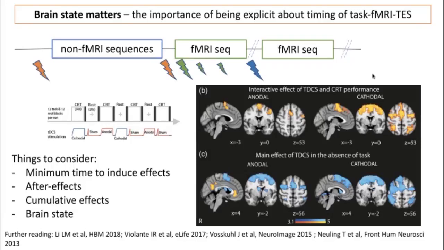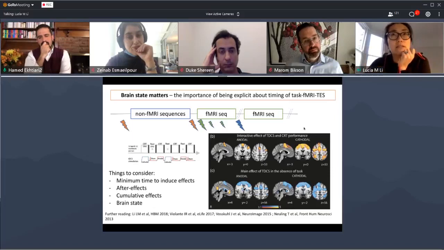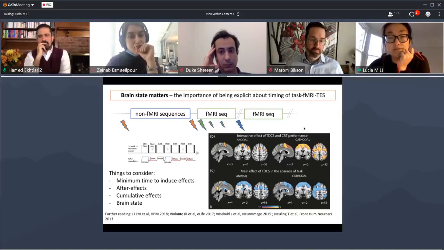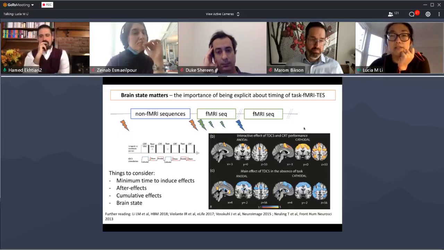If you've got something that's not MR conditional or MR safe, you might stimulate them before they even get in the scanner, then do your localizer, and then do your fMRI. If you've got MR conditional kit, you might put the electrodes on first, take them through all of their structural scans, and then start the stimulation.